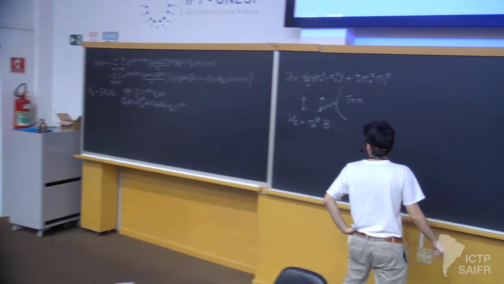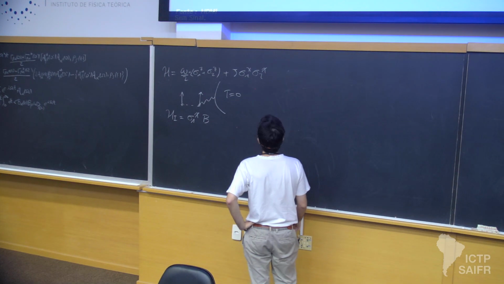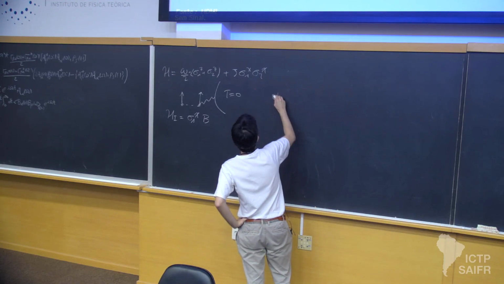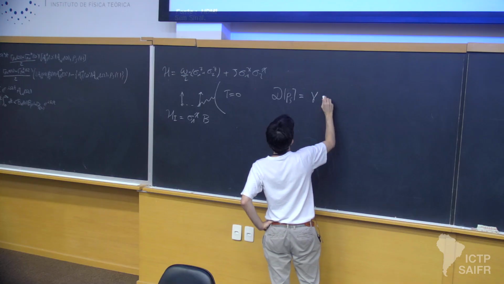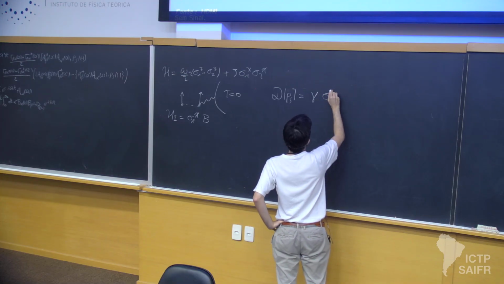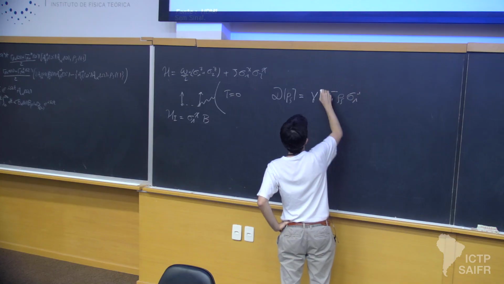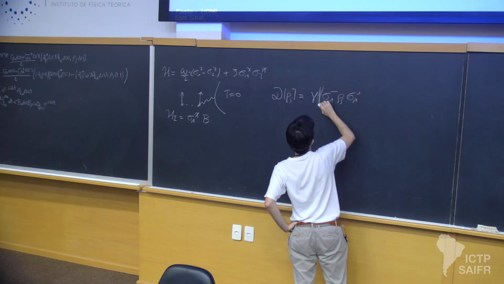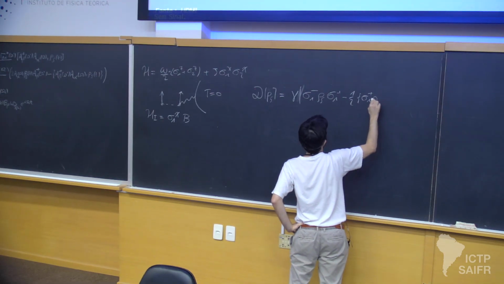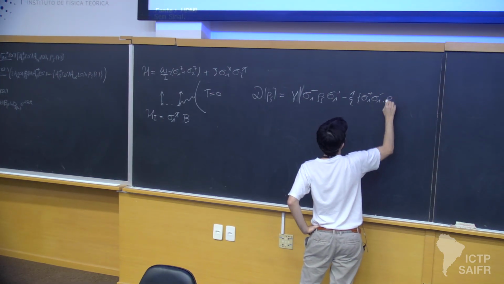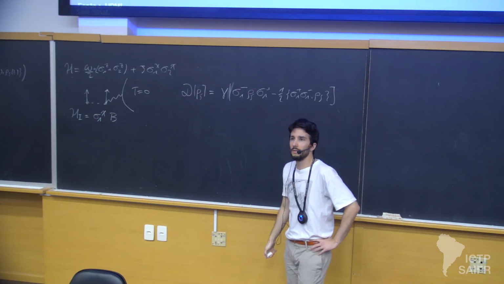Now, what shape do you expect the dissipator of the Lindblad master equation to have? So if I wrote something like this, would you think that this works?